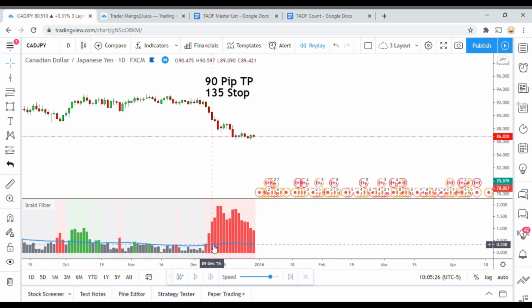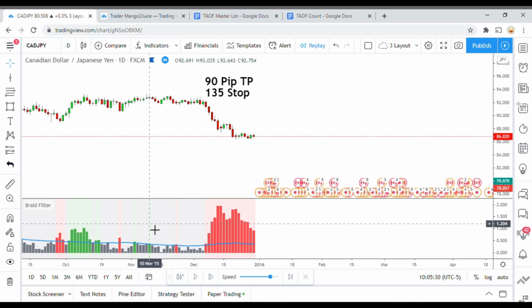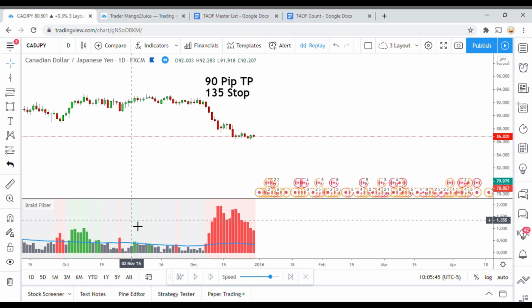I don't know if they're based off of volume or something like the distance between moving averages. I'm not 100% sure. I didn't really dig into the code.